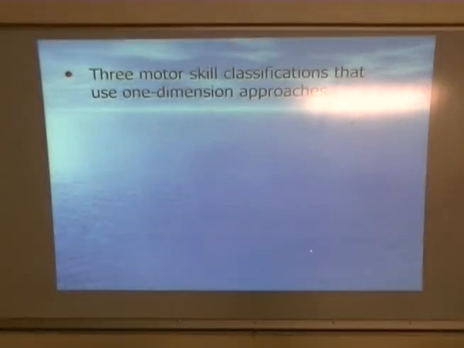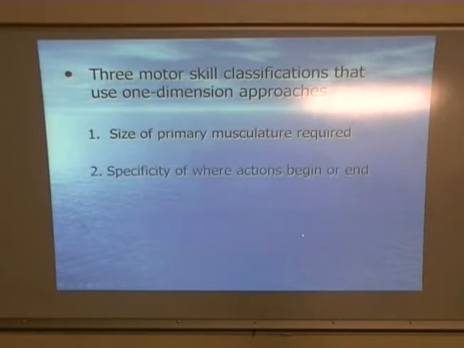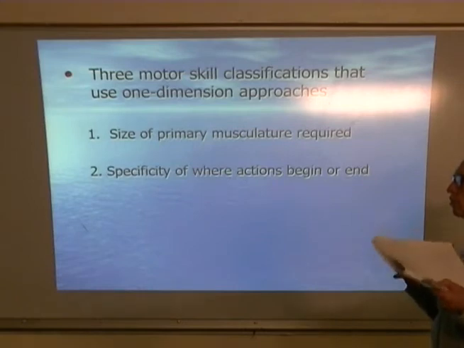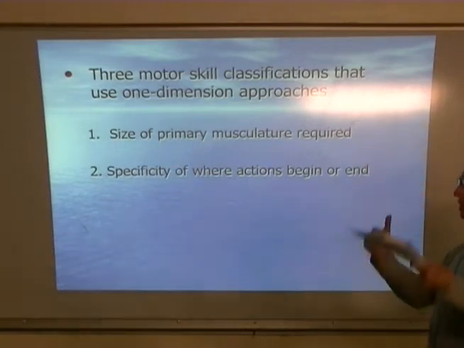We have three options of classifications under this one-dimensional approach. The first one is to do with the size of the primary musculature that is creating the skill. So am I using big muscle groups to do the skill or little muscle groups to do the skill? The second one is with regards to how the skill starts and finishes, right? Is it distinct or does it kind of go on?